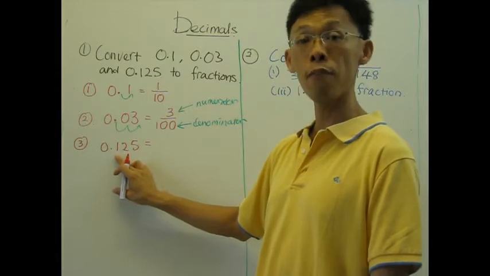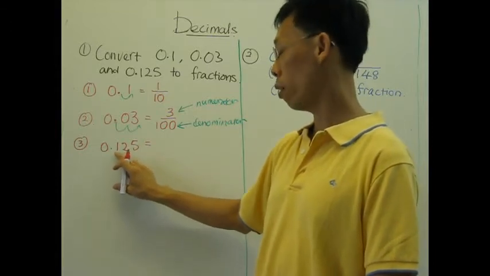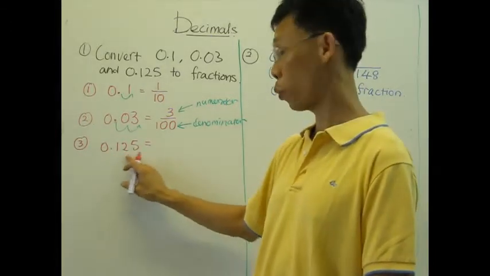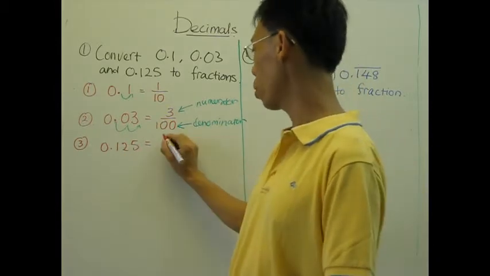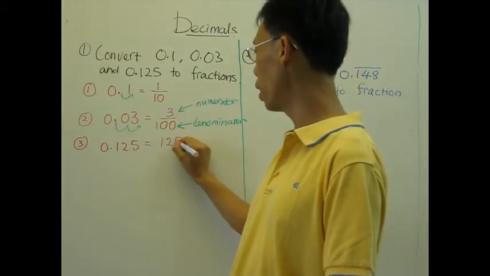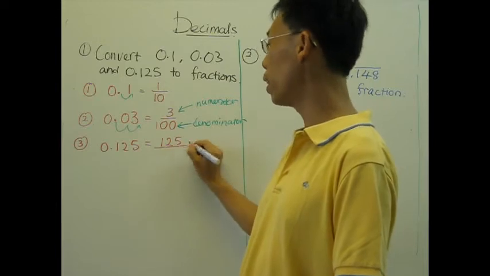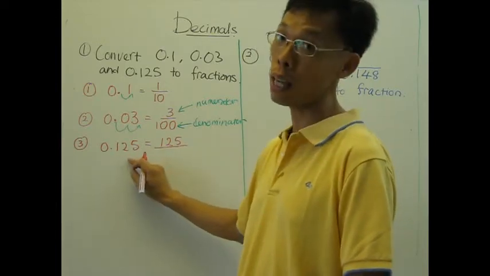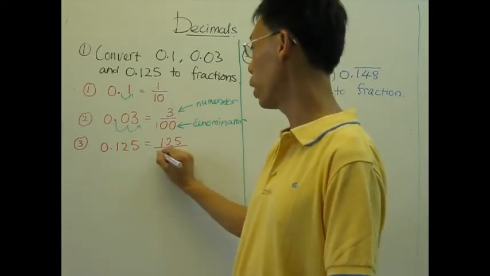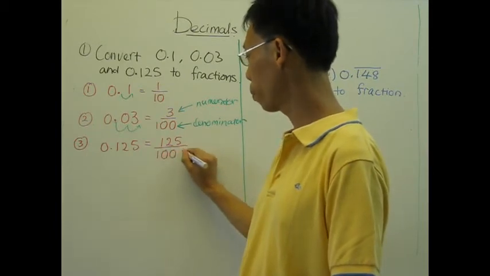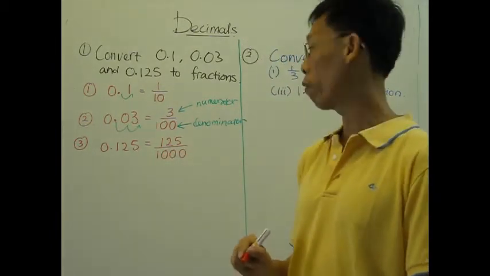So the significant figures here are 1, 2, 5. So three significant values. So 1, 2, 5 in the numerator. And in the denominator, because these are 3 decimal places, I will need 3 zeros. 1, 2, 5 over 1,000.